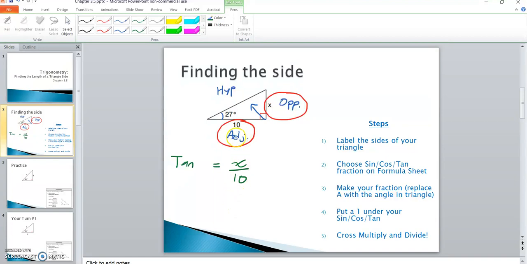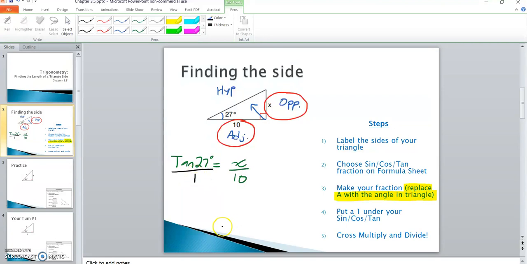Now here is where it's a bit different from section 3.4, because I want you to replace the A with the angle in the triangle. So that means we're going to replace the A with 27 degrees. Now step 4 is we are going to put a 1 under the sine, cos, or tan.